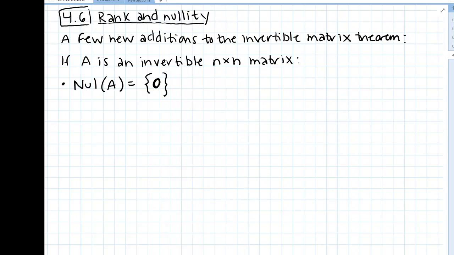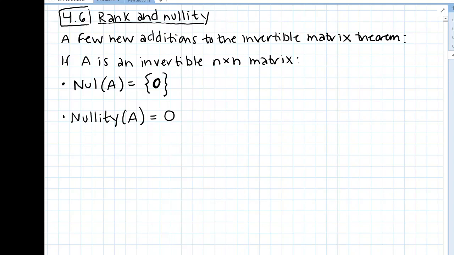So if the null space of A is just the 0 vector, that means the only solution to AX equals 0 is that X equals 0. And that means that the nullity of A, remember, the nullity is the dimension of the null space, is equal to 0.